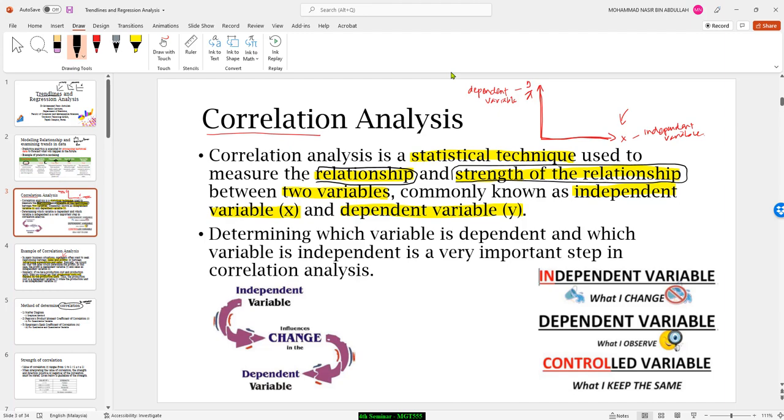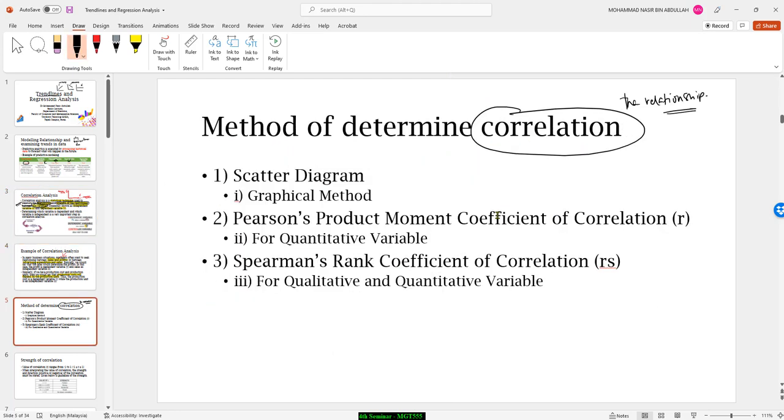Between two variables. These two variables must be quantitative variables. If you have a mix of quantitative and qualitative, we can also measure the relationship, but it requires different techniques, right? Okay.